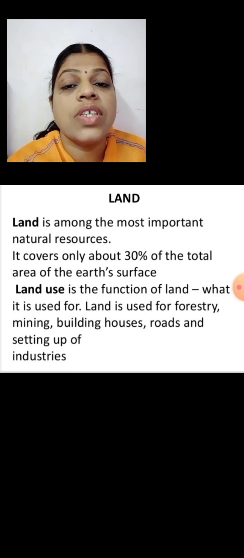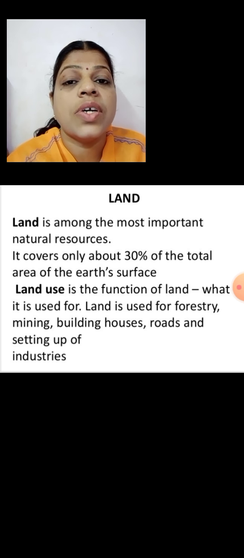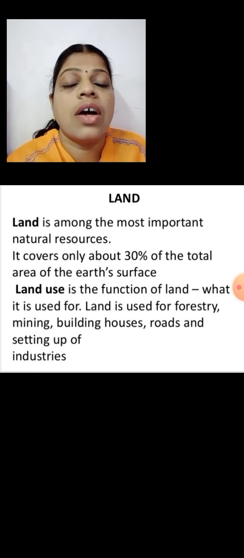And if we discuss the distribution of this land, we can say that 30% of the area of the earth's surface is covered with land. See, that means 30% of the earth's surface is land.